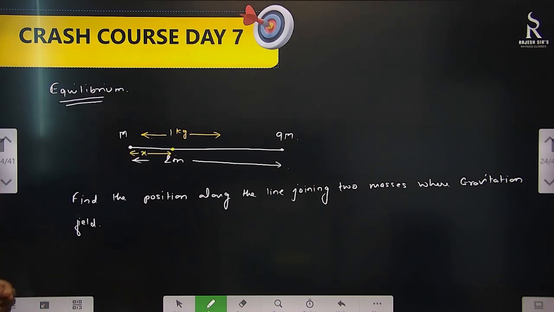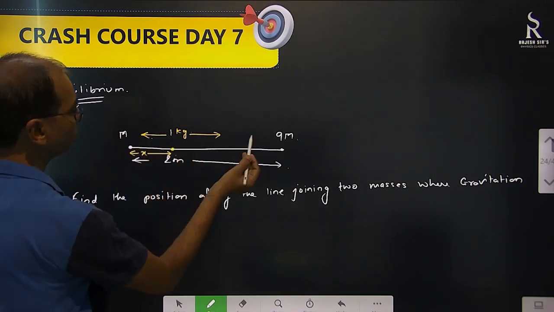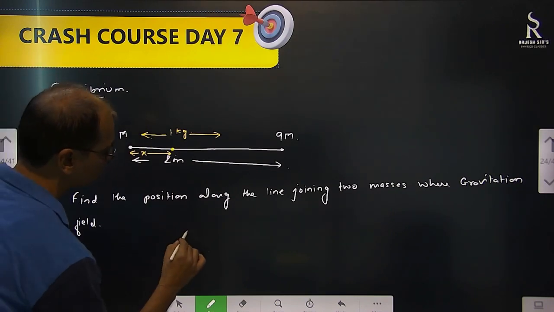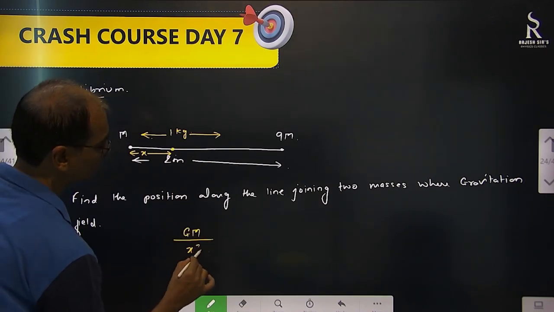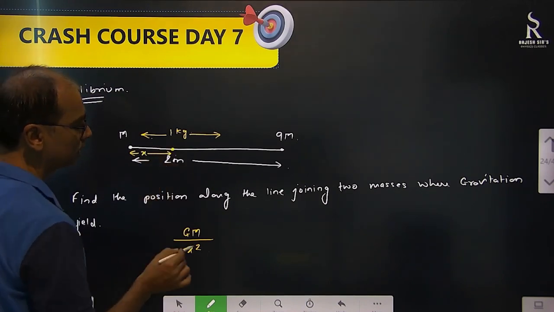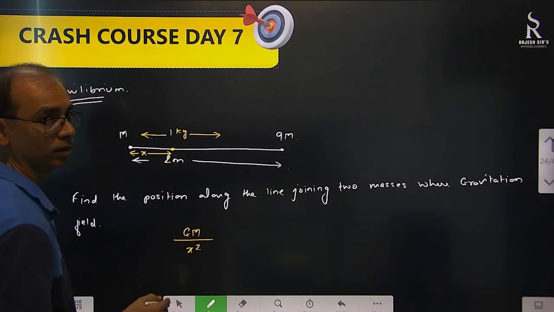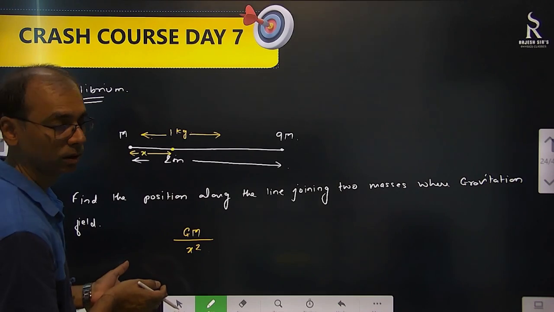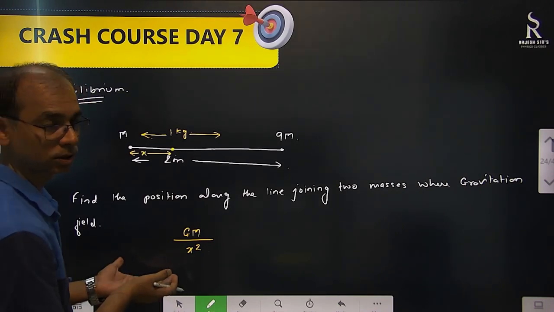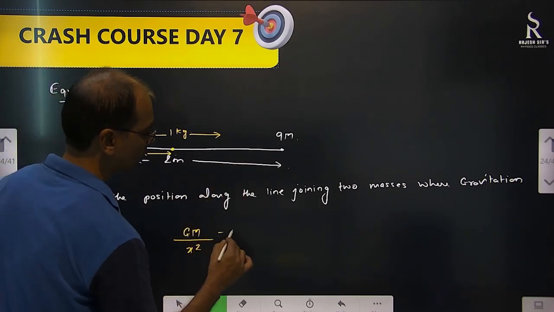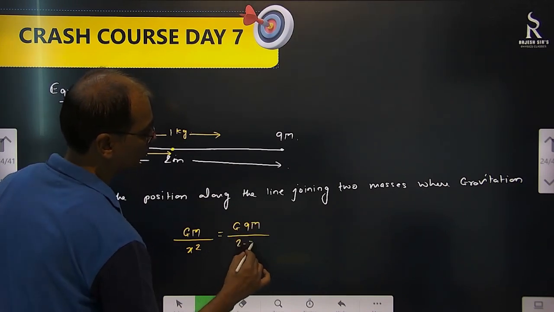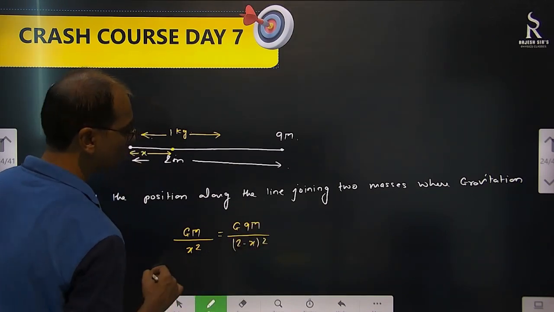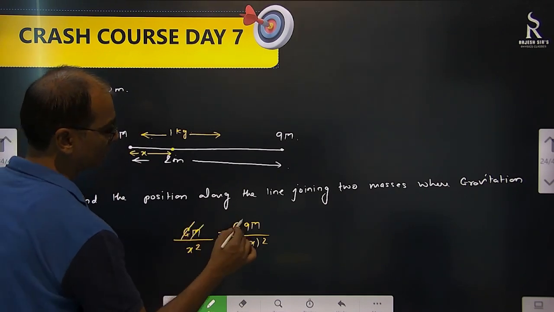Okay. So let's equate the force because of this to the force because of this. So G into m by x square. When you are keeping 1 kg, the force that you are writing is in fact the gravitation field strength only, Gm by x square. Here G 9m by (2 minus x) whole square. So G and m get cancelled.